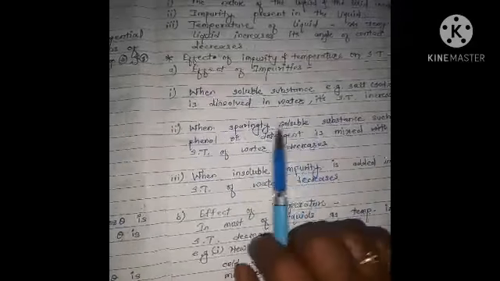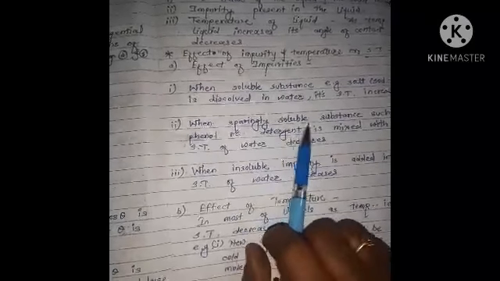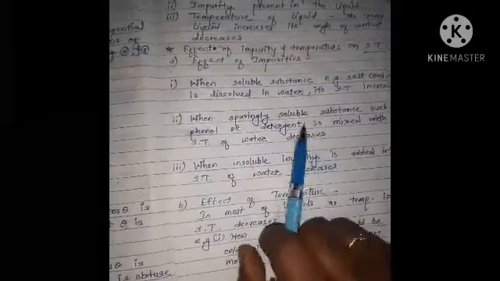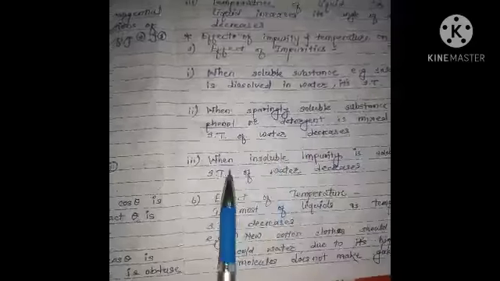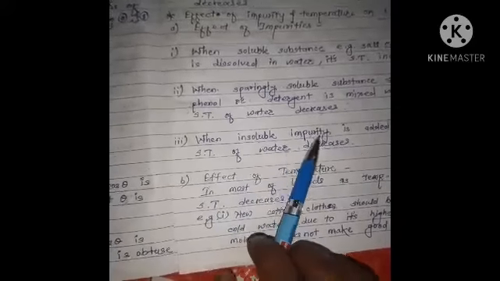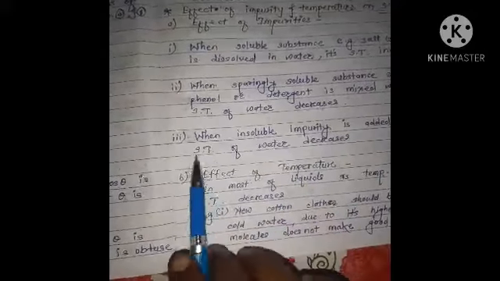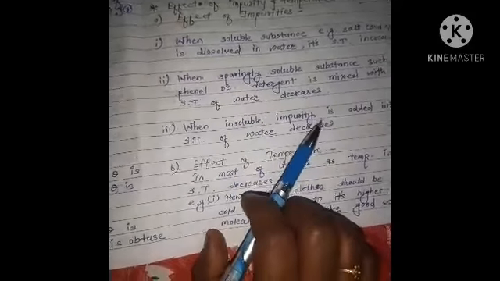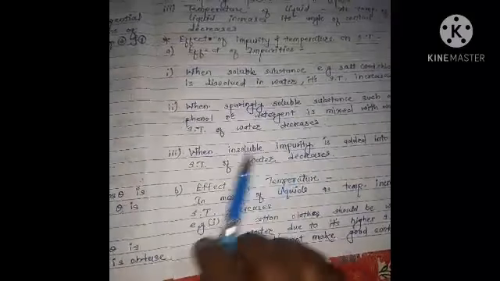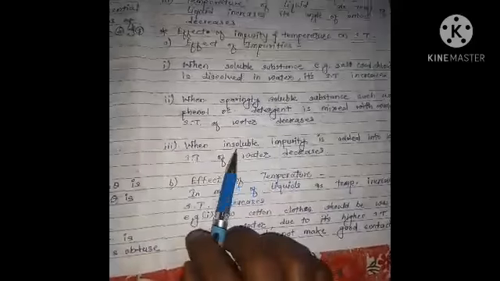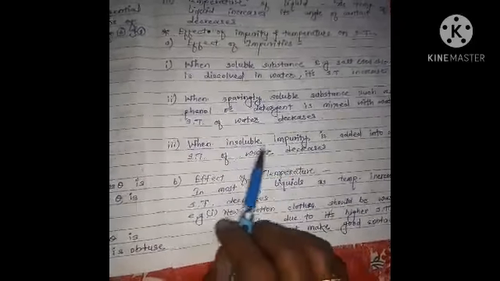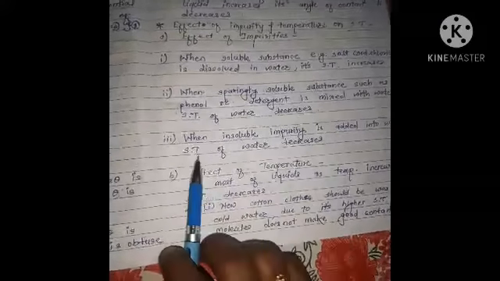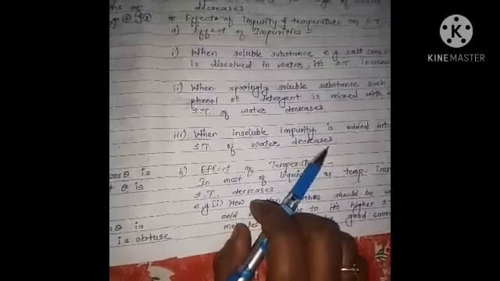Sparingly soluble means it will form a fog in the mixture. And when an insoluble impurity is added to water, the surface tension of water decreases. In this case, the cohesive force between liquid molecules decreases. Therefore, the surface tension of water also decreases.